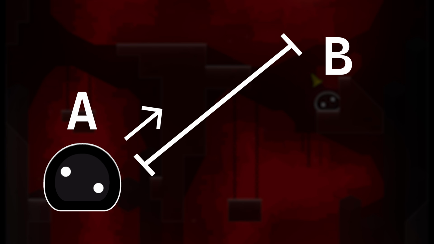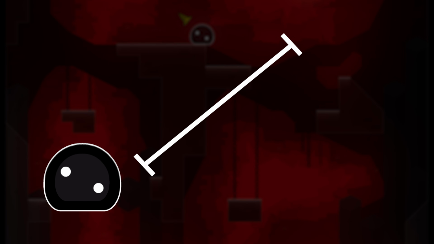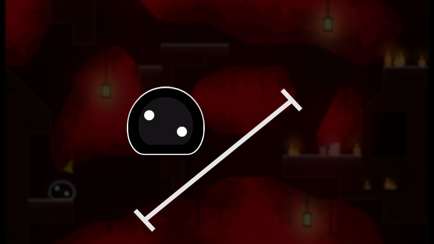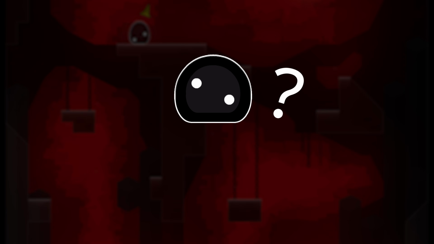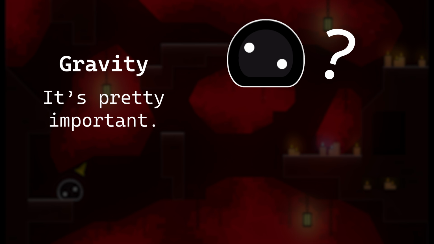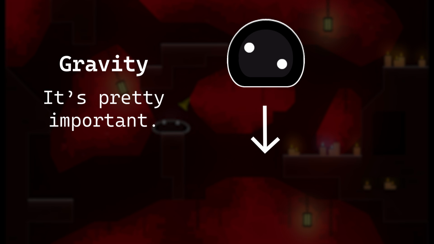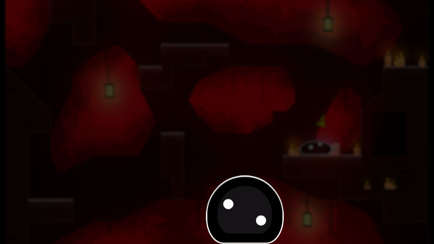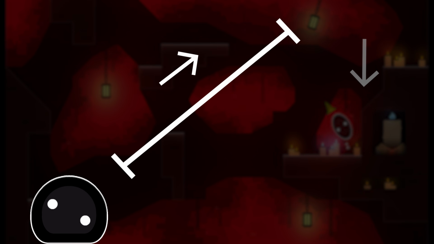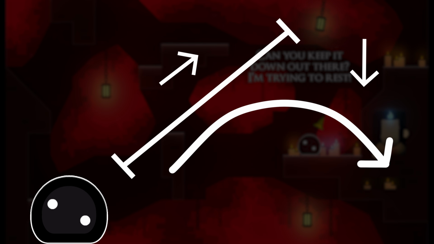Once you've established these 2 points, you're basically there. The player simply moves towards the end of the vector at a constant speed over a really long time. Are we forgetting something? Yes, gravity. While moving, simply apply a stacking downward force every frame until you either cap out in speed or hit the ground. In simpler terms, draw a line, follow the line, and get pulled downwards while following it.